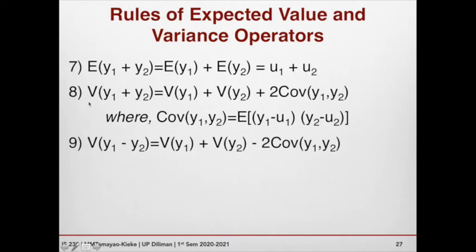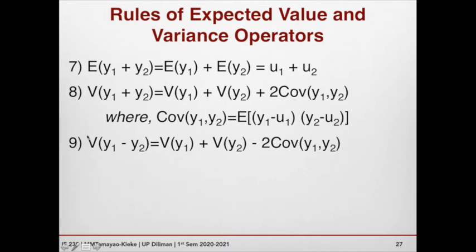Next, we have the variance of the sum of two variables, and this is equal to the sum of the variances of those two variables plus 2 times the covariance of y1 and y2, where the covariance of y1 and y2 is just equal to the expectation of the product of y1 minus mu1 and y2 minus mu2.